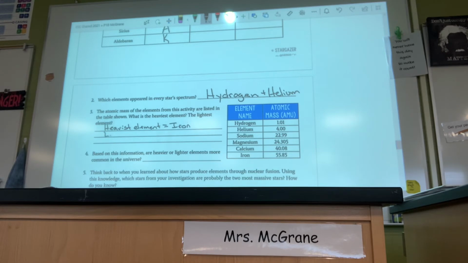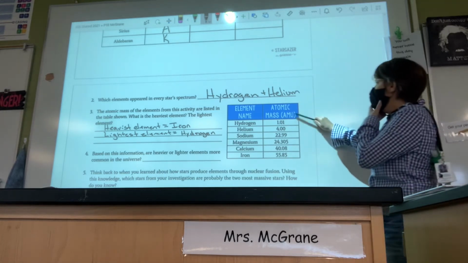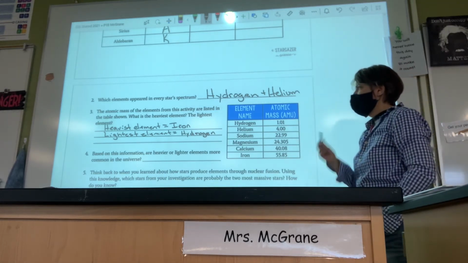What is the lightest, Aiden? What is the lightest element on this list? Hydrogen is the lightest element. That makes sense. It's got the least mass because it's got the least amount of matter.